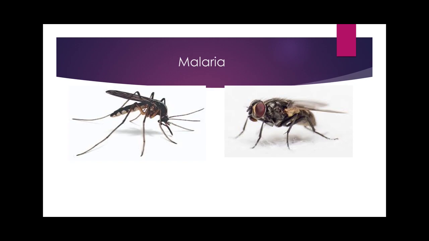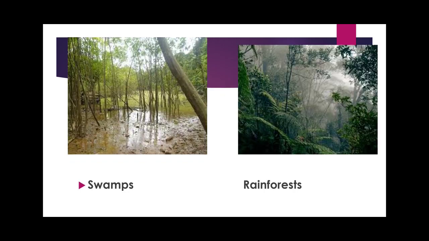And students, I may tell you that the mosquitoes used to live in the swamps and rainforests of this island. Actually, the mosquitoes and the flies lay eggs in the stagnant waters of the swamps and rainforest.